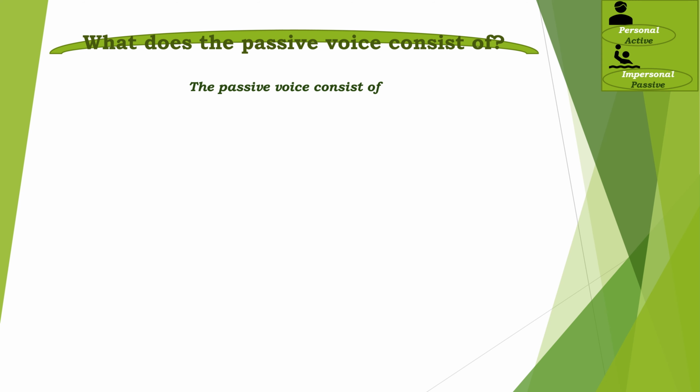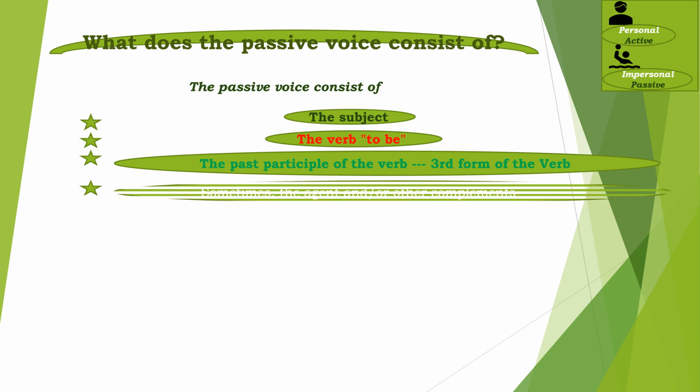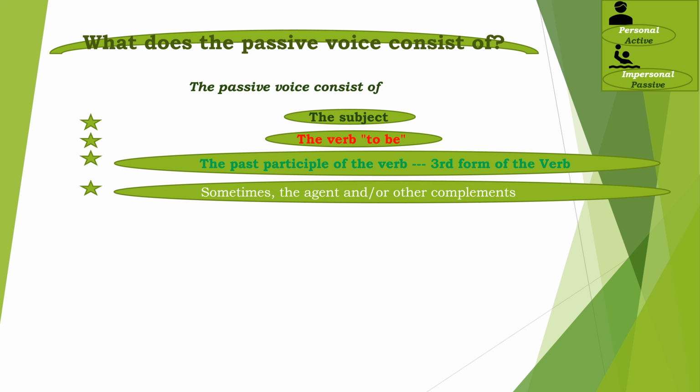The passive voice consists of number 1, the subject, number 2, the verb to be, number 3, the past participle of the verb, that means the third form of the verb, number 4, sometimes the agent and or other complements.